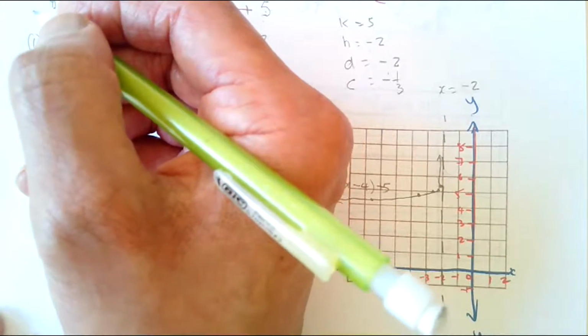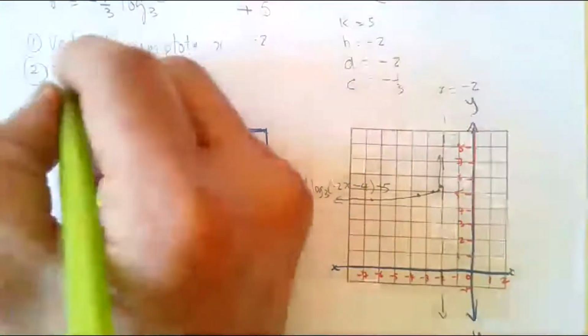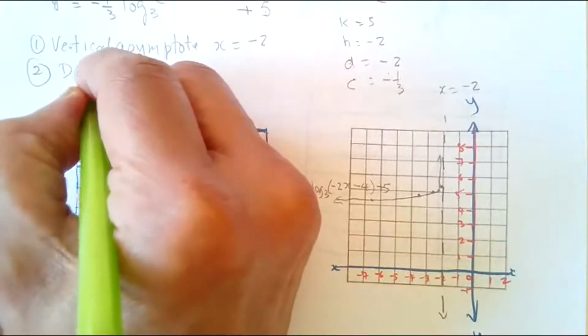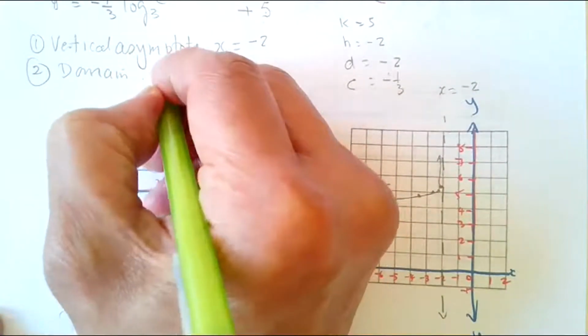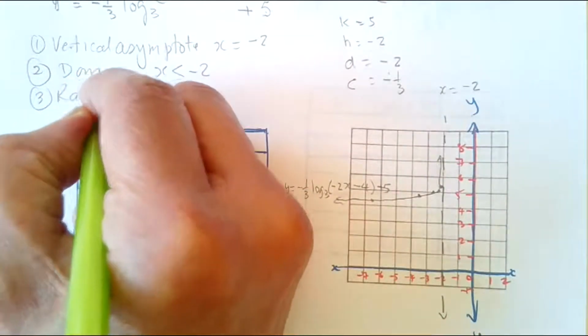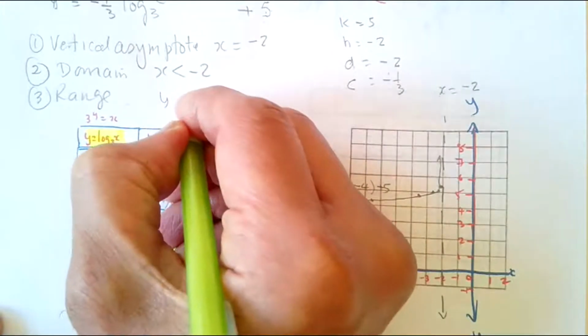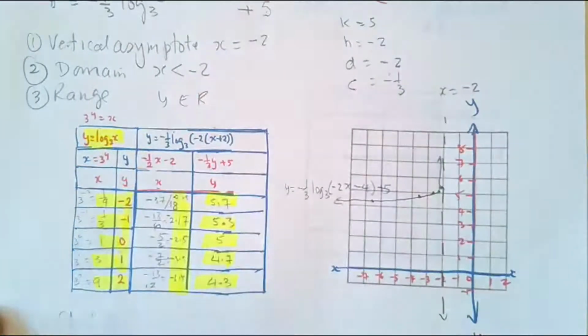The domain of the function: x has to be less than -2. The range would be y, the set of real numbers.